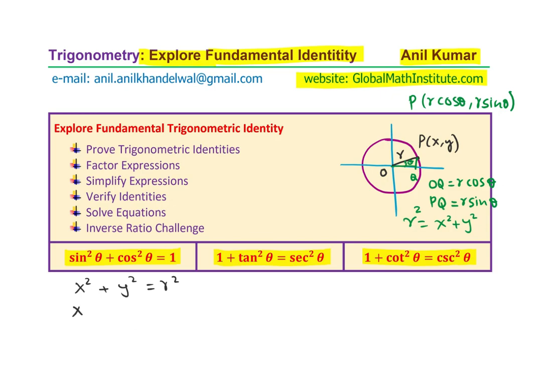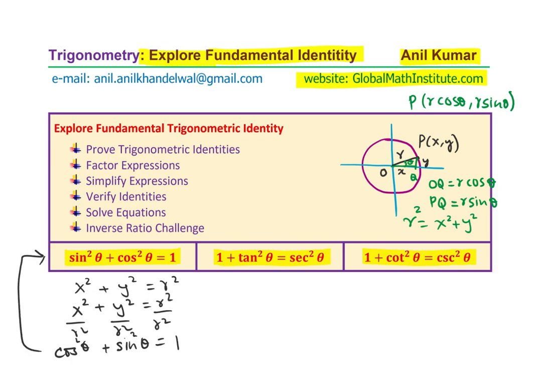Now if I divide each of them by r square, what happens? x over r, where x is this distance and y is the height, so x over r is cos theta and y over r is sin theta, giving cos square theta plus sin square theta equals 1, and that is how you prove this identity. Is that clear to you? Very simple.